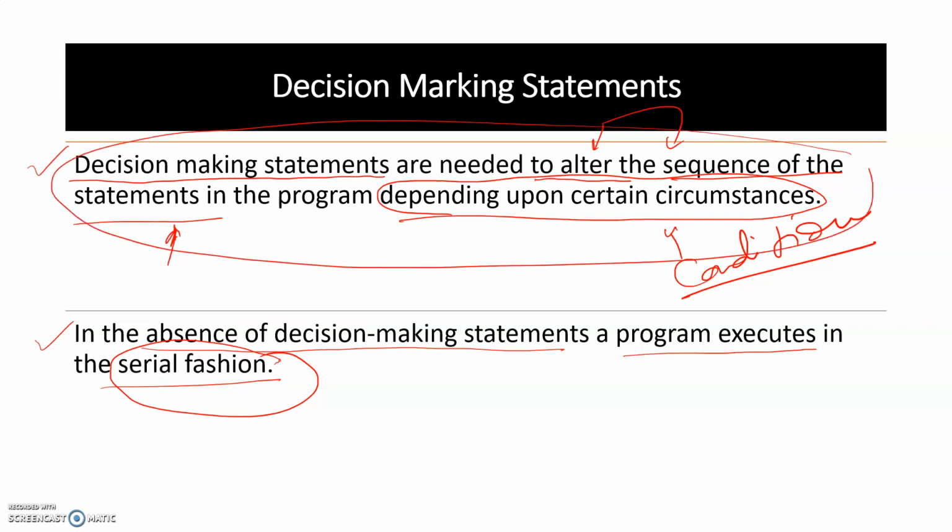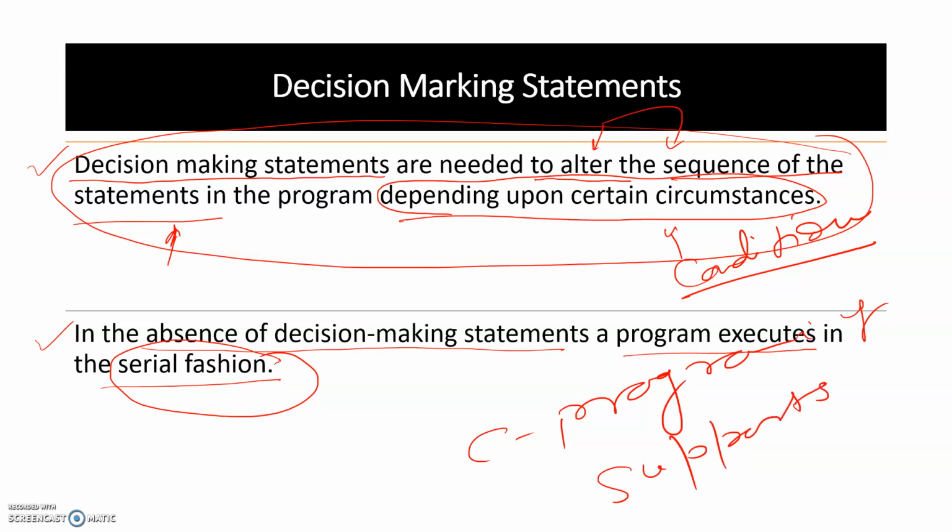In order to alter the sequence of the statements in the program based on the condition, C programming supports decision making statements, which we will discuss in the next slide.